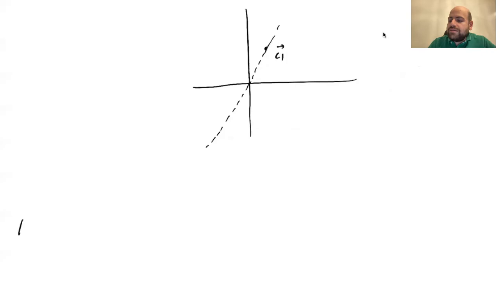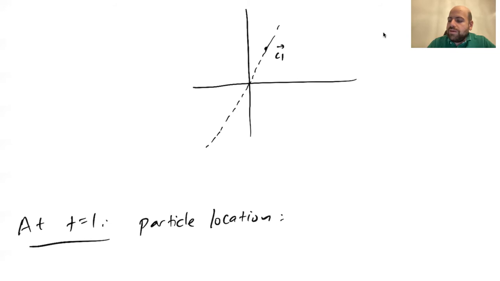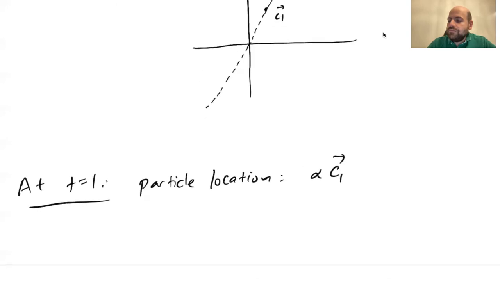So at t equals 1, the particle location will be, let's say, some alpha times C1, same direction as C1.